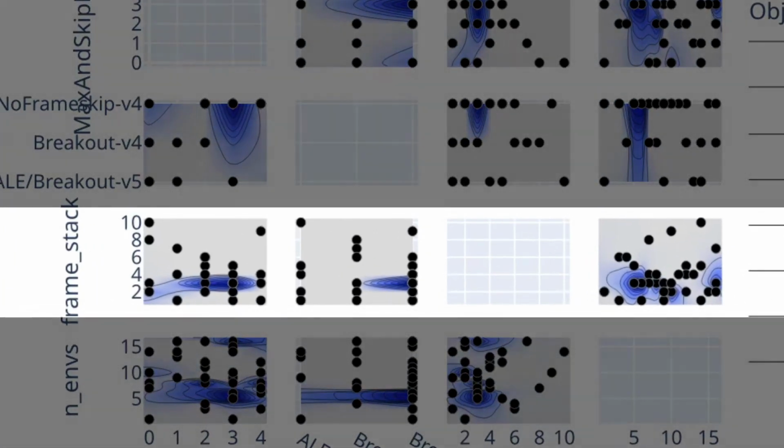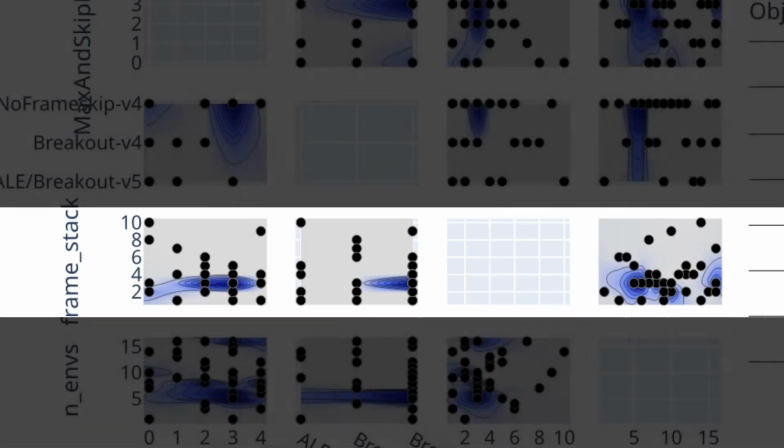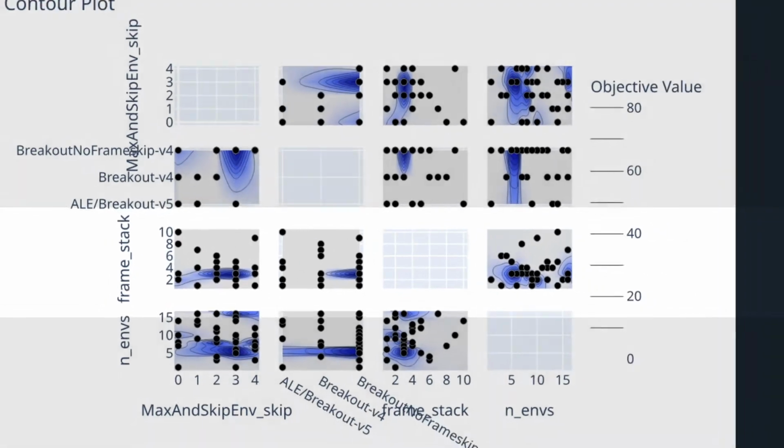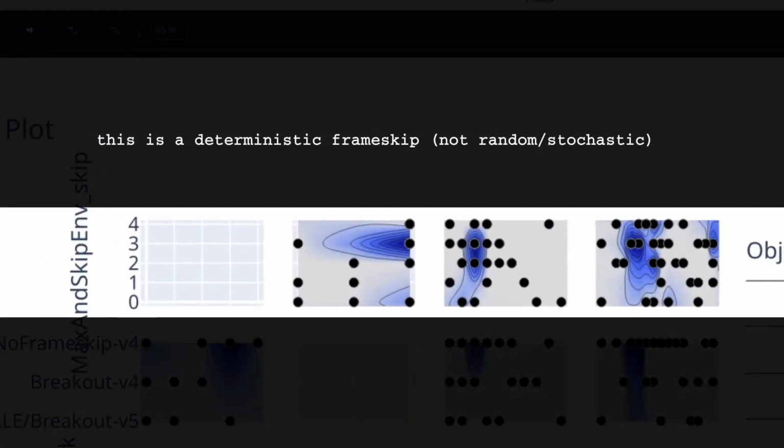And on the frame stack, we also see that more is not necessarily better, that there seems to be a sweet spot at 2, 3, or 4 stacked frames. On the frame skip, we see a sweet spot between 2 and 3. Now the frame skip, what it means is that the same number of training steps just play through more games, because more frames are skipped, so the whole thing is faster.